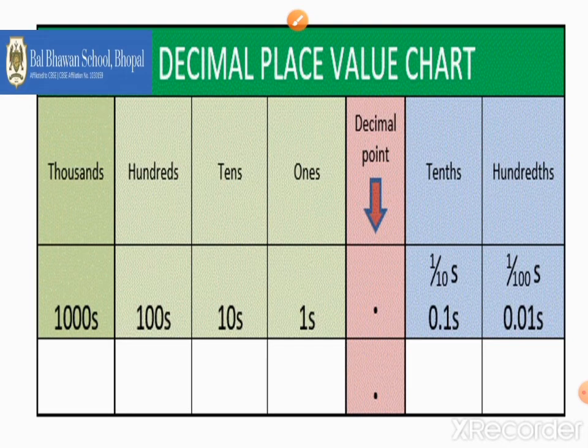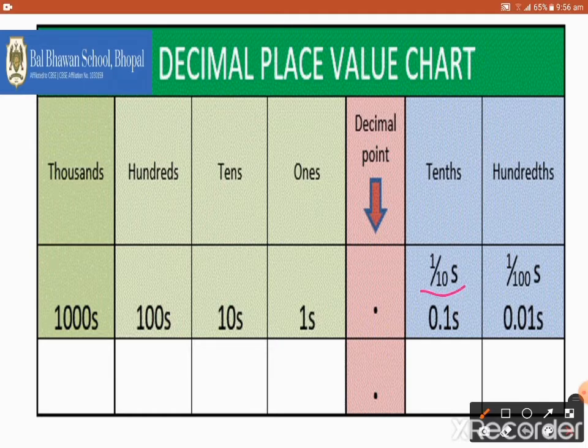This is the decimal place value chart. Here the places before the decimal are ones, tens, hundreds and thousands. After the decimal point, the first place is called tenth place. Tenth place means 1 out of 10, that is 1/10. It is represented by 0.1. After this, we have hundredth place.